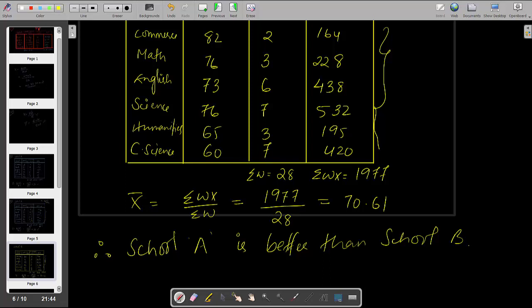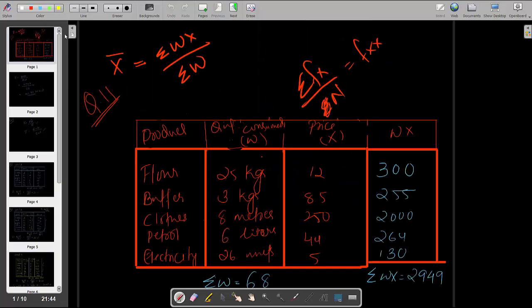Alright, so now let's do question number 11. Okay, I've already solved the question here, although it might look a little dirty, but let's just read from here. So here, let me change the color. I think it's better.